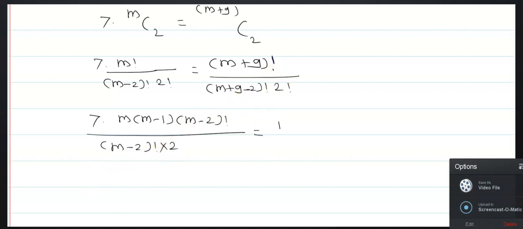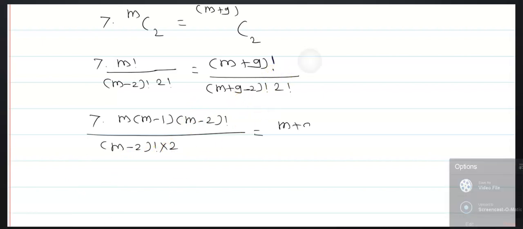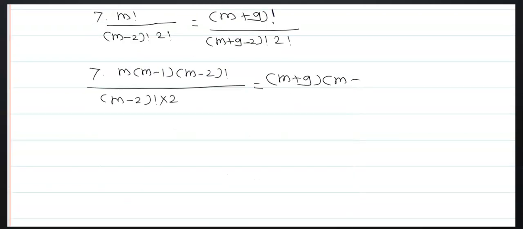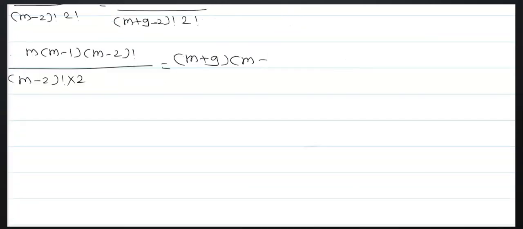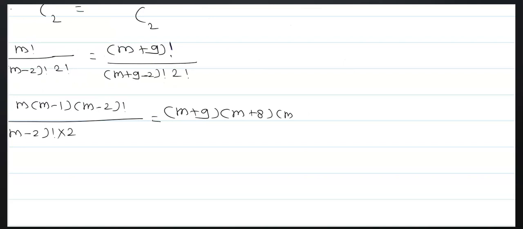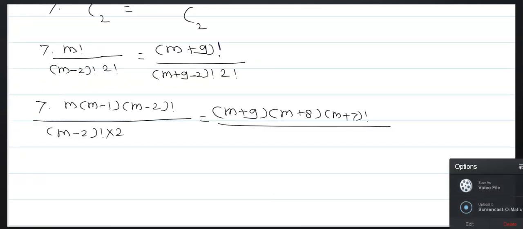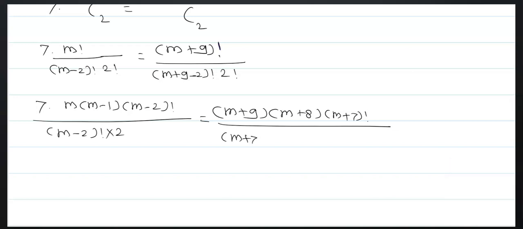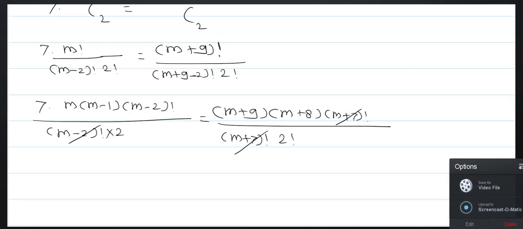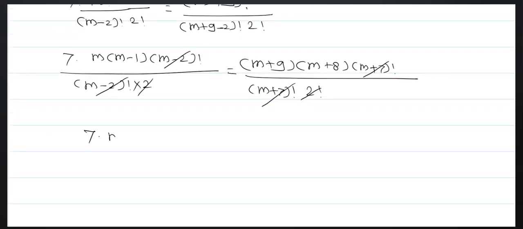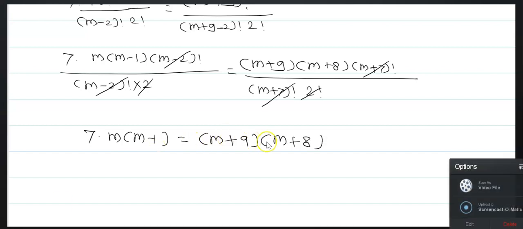On the right hand side, we can write m plus 9, m plus 8, m plus 7 factorial, which is cancelled with m plus 7 factorial. The 2 also gets cancelled. That is 7 into m minus 1 is equal to m plus 9 into m plus 8.